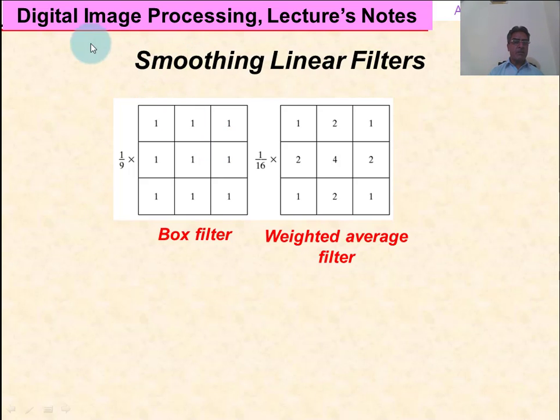When we sum up all the cell values of the filter or the mask and then divide by that sum, it becomes the averaging pixel. Because if there are 1s at each pixel value of the mask, then the total will become 9, and we will multiply each pixel value with 1 over 9.